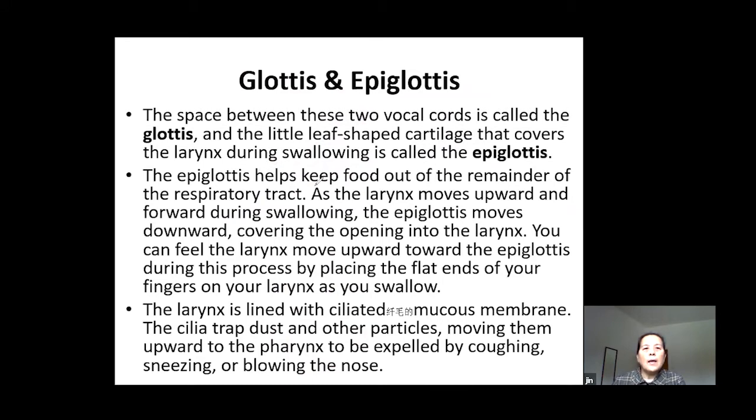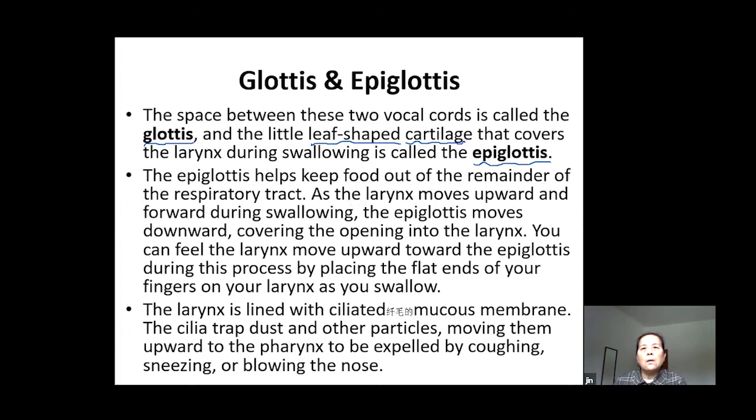We have another cartilage. It's a leaf-shaped cartilage that can cover it. Because they have a space there, we call it the glottis, and we cover it with the epiglottis. Why do we need this kind of cover?